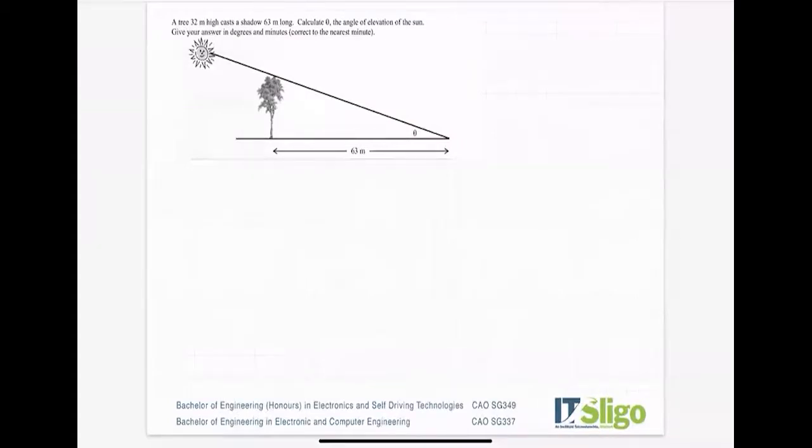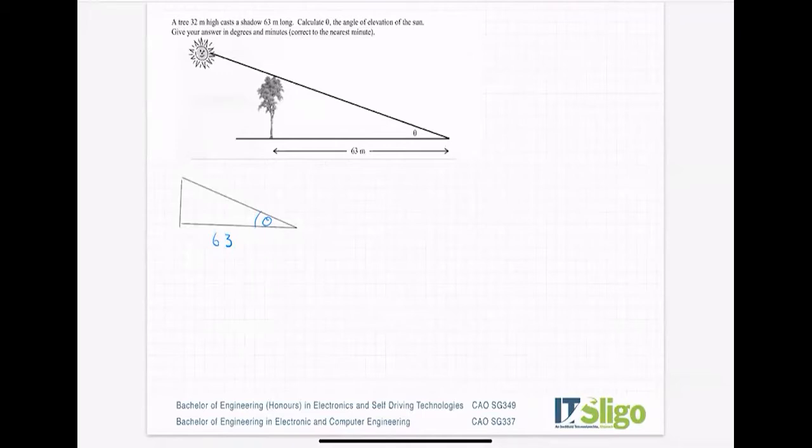Right, so I find the easiest thing to do for me is to extract from the diagram the right angled triangle. Okay, there's my angle that they're asking about. This is 63 and a tree 32 meters.